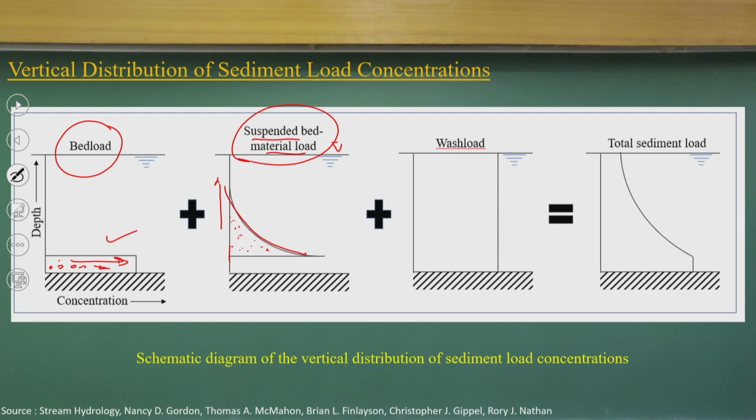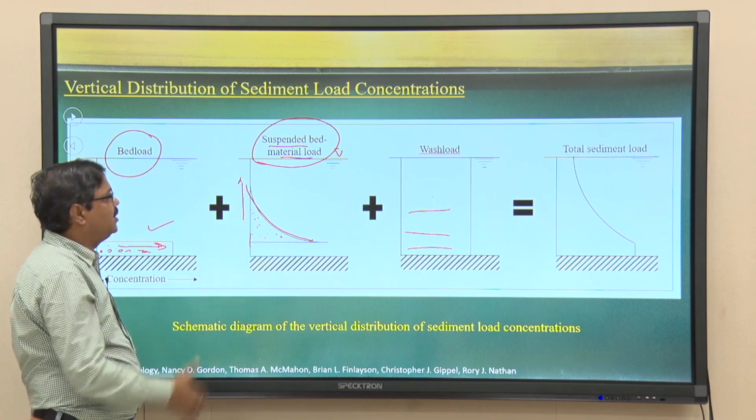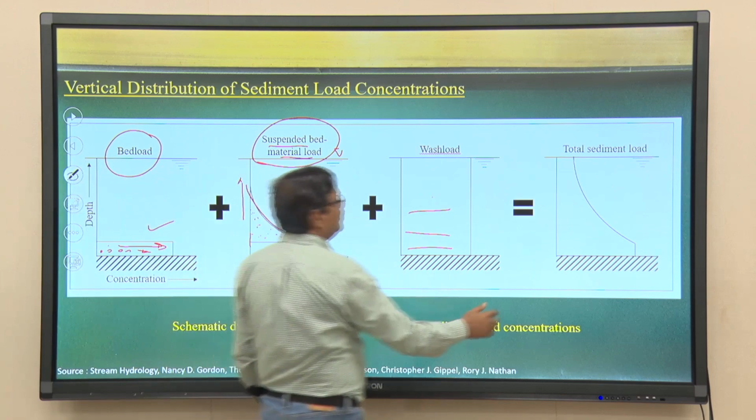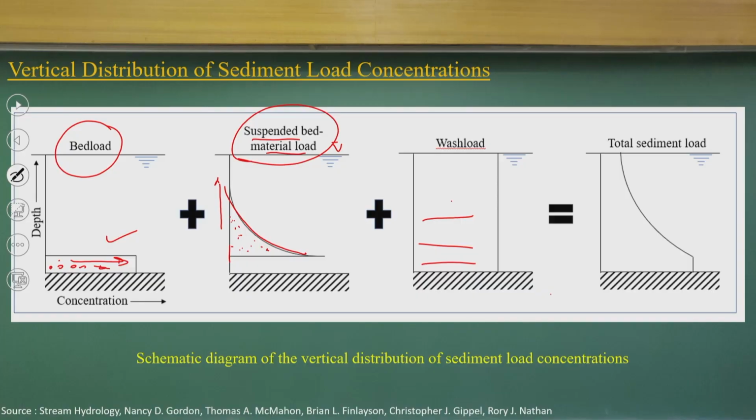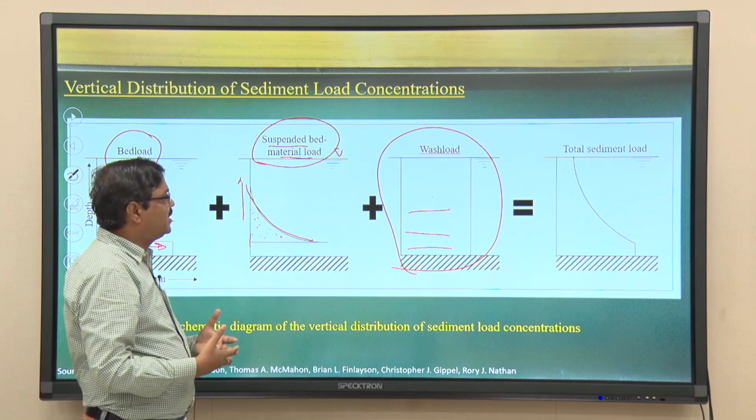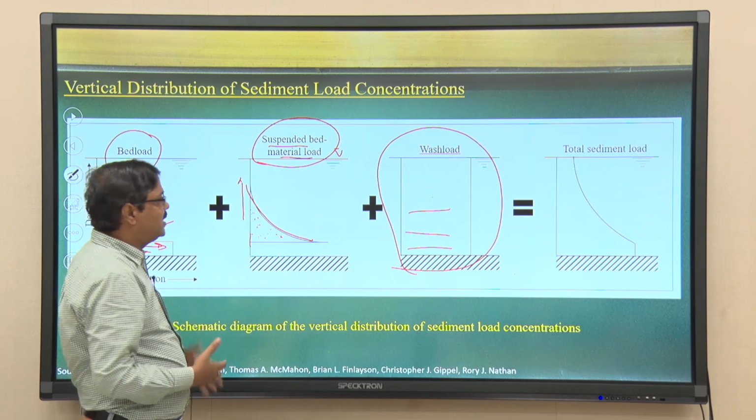And sometimes we have the wash load, which is very fine particles, and can be very uniform throughout the depth. If you put it all together, we will have the total sediment load. In many cases we do not talk about the wash load, because it is very fine content which is not effective in terms of morphological change.